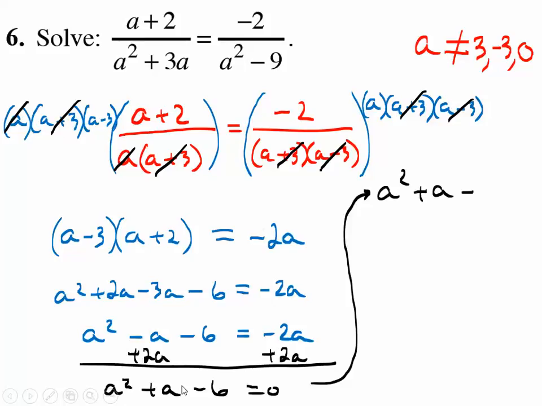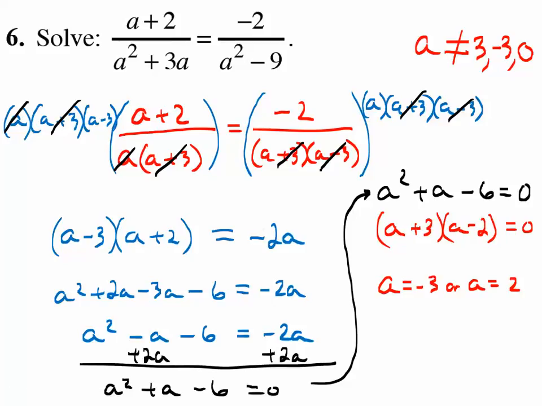So let me rewrite this again real quickly here. Positive 3, negative 2. I think I'll go with that. Positive 3, negative 2. Negative 3, positive 2. Yes. Negative 3 and 2. Perfect, yep.